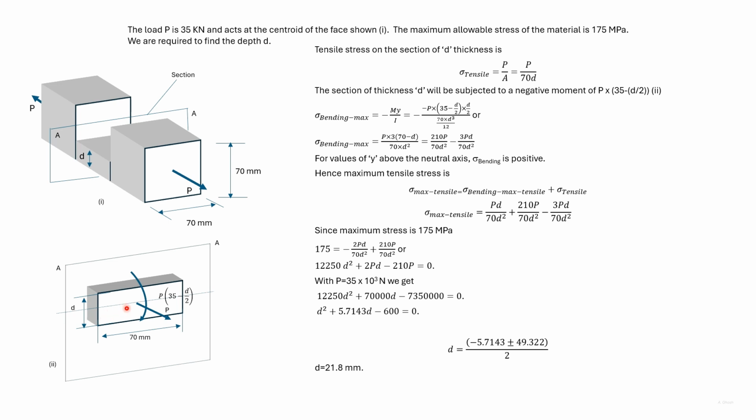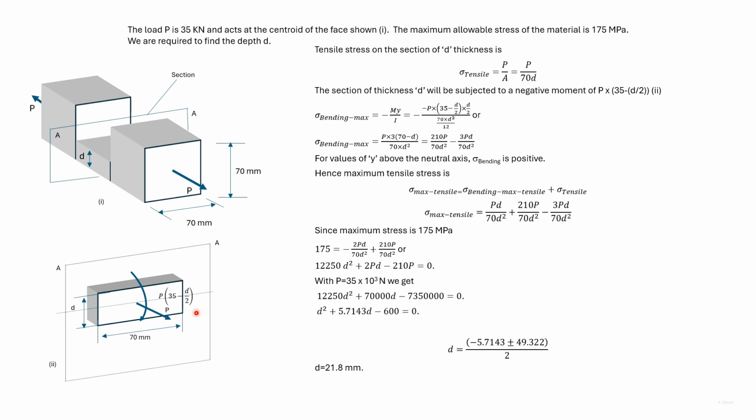Since this dimension is d by 2, the moment acting will be P bracket 35 minus d by 2. The moment is negative. We'll find the maximum stress in this portion due to the loading and equate it to the maximum allowable stress to determine D.